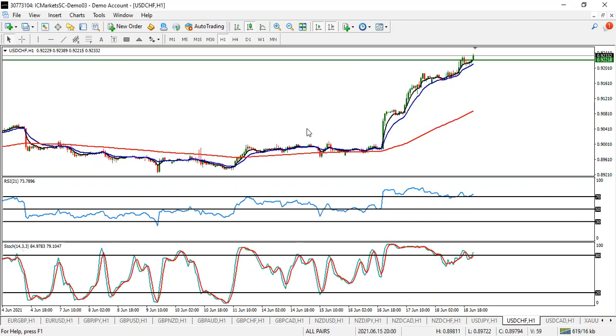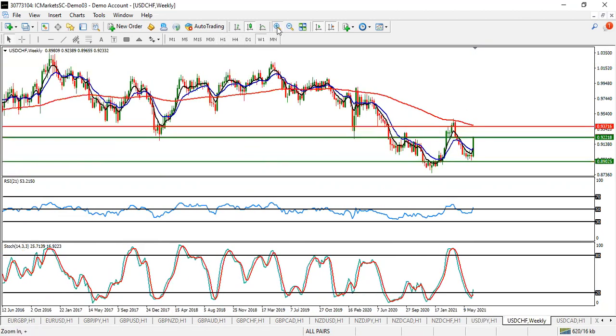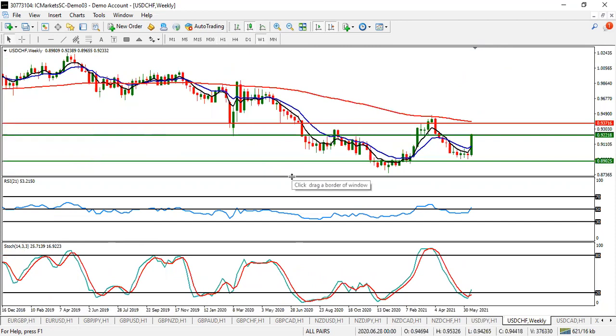USD Swiss franc is currently buy bias. The weekly candle is a strong bullish candlestick. This tells me that this pair is going to come to this other block, which is the red resistance at 0.9371, during this coming week. This is because of the momentum in the candle, and another thing is it's an engulfing candlestick to the upside.